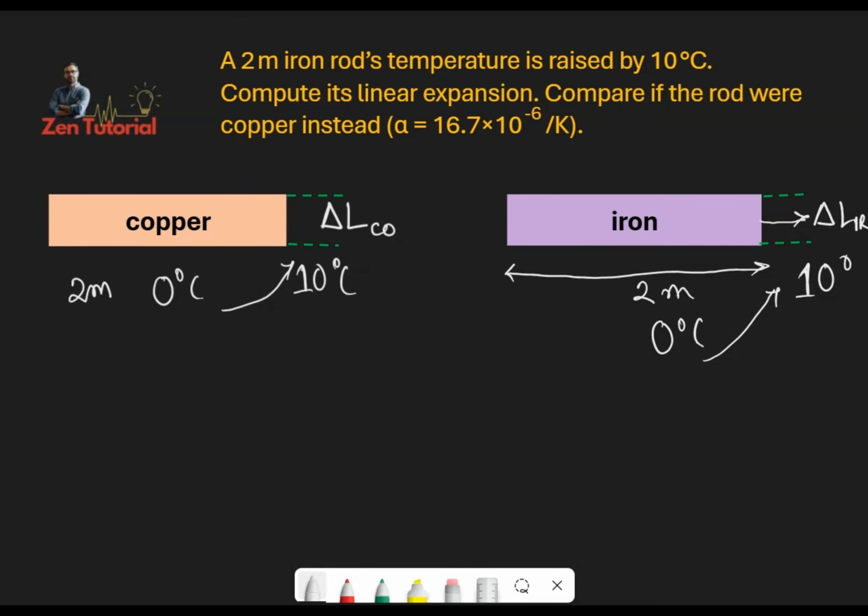One important data missing for iron, that is the coefficient of linear expansion. So alpha of Fe is equal to 11.6 times 10 to the power minus 6 per Kelvin, and the copper is given here.